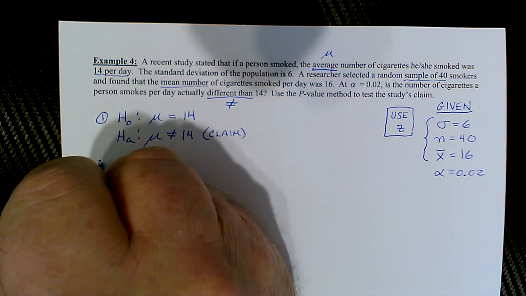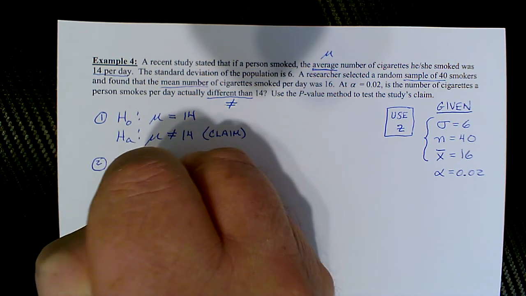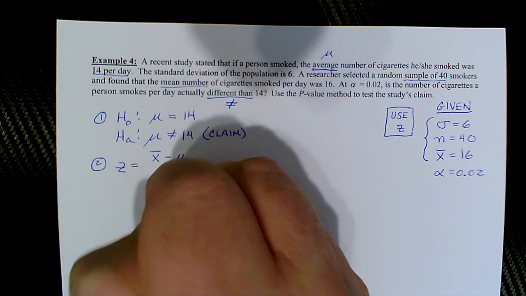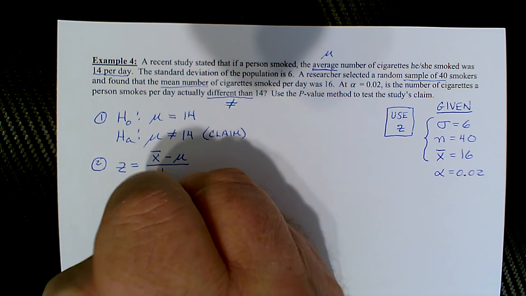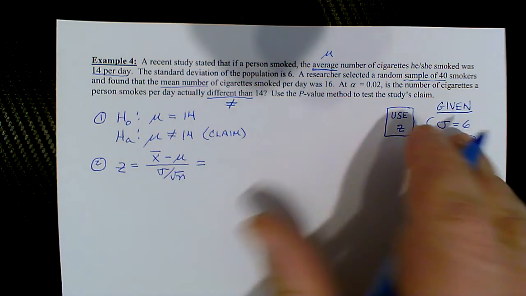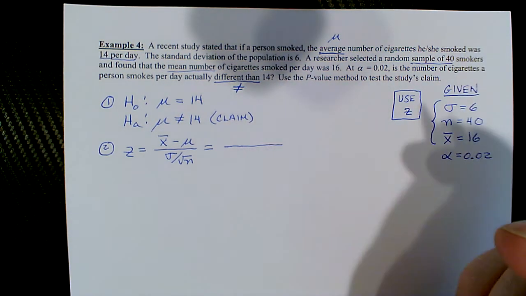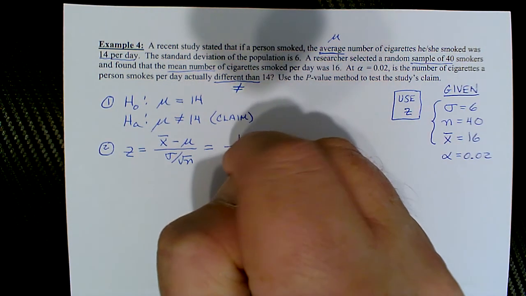Alright, second step, standardized test statistic. So again, the formula is z equals X bar minus mu over sigma divided by the square root of n. And it's on our formula sheet, as I should have shown you. So plug everything in. X bar was 16.